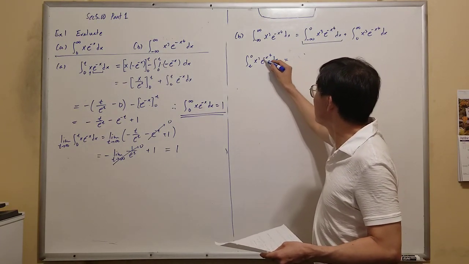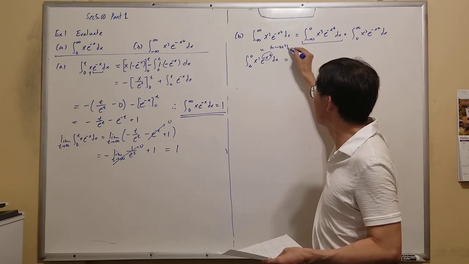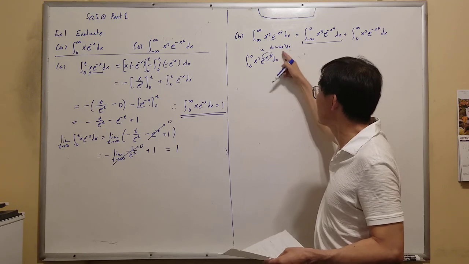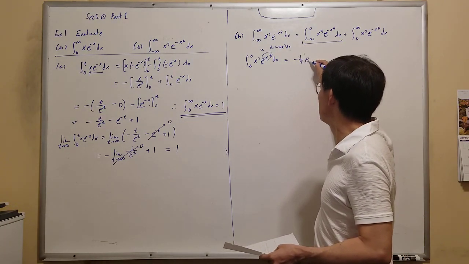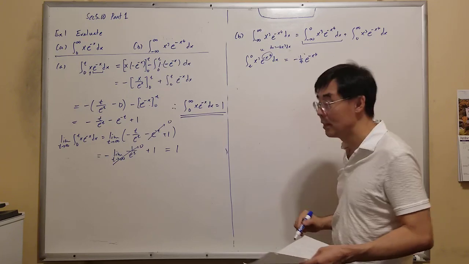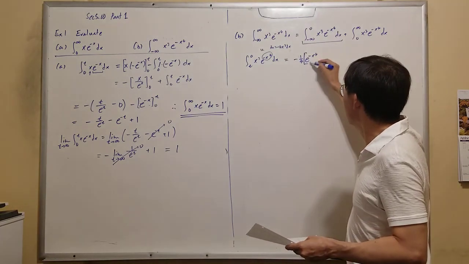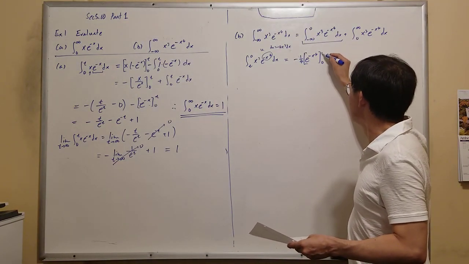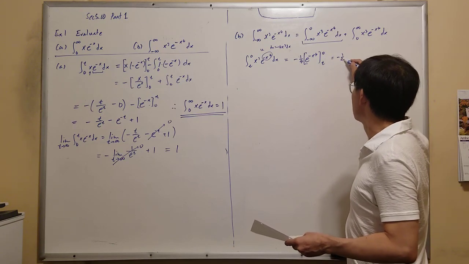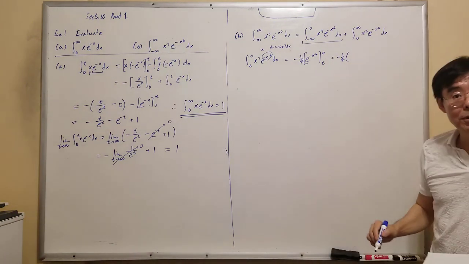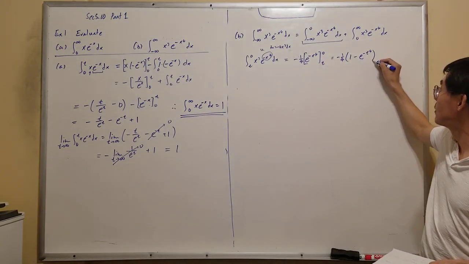So this one, if it is u, du equals minus 4x cubed dx. So x cubed dx is negative 1/4 du. So this is negative 1/4 e to the minus x to the 4th. That is the antiderivative. Okay? That one from t to 0: minus 1/4 e to the 0, which equals 1, minus e to the minus t to the 4th.